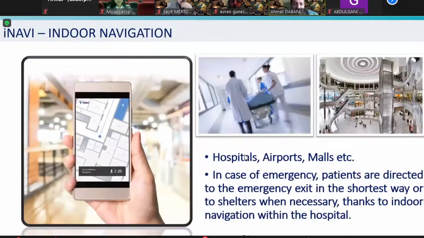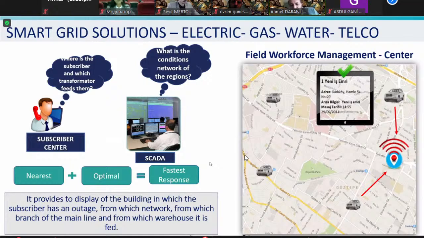There is another application developed by us for indoor navigation, which is very important for large hospitals, shopping malls, airports, or other terminals, because especially in health cases, if a new staff member starts the job and needs to carry people from one location to another, they may not know the easiest and shortest path. So this kind of application is very essential because GPS technology is used outside, but this technology is used internally.